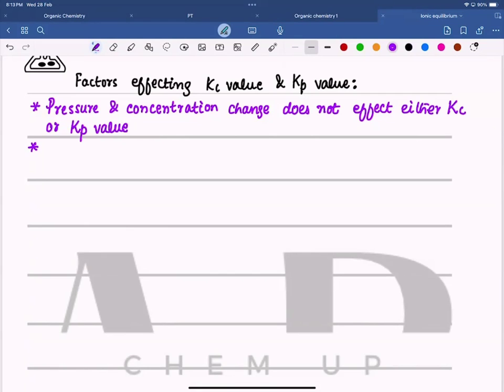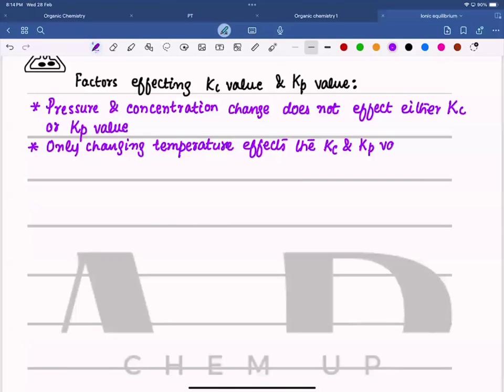So you guys have to remember that only changing temperature affects the Kc and Kp value.